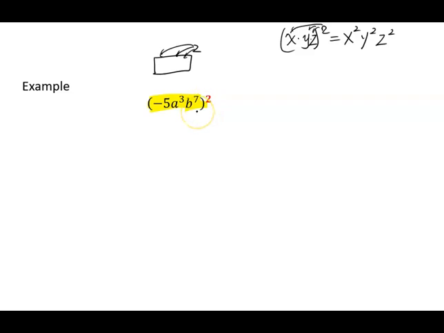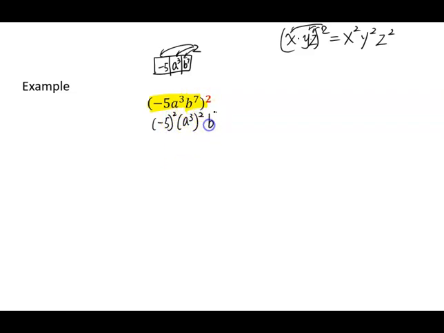So that's what we're going to do first. Now, minus sign and a 5, I'm going to treat them together. So this is the first thing in the box. And then there's also a to the third, and there's a b seventh. So we need to distribute the exponent to negative 5, which gives us negative 5 squared. And then we're going to distribute the second exponent to a third, because a third is more than just a single letter a, so that's why we have to put them in parentheses.